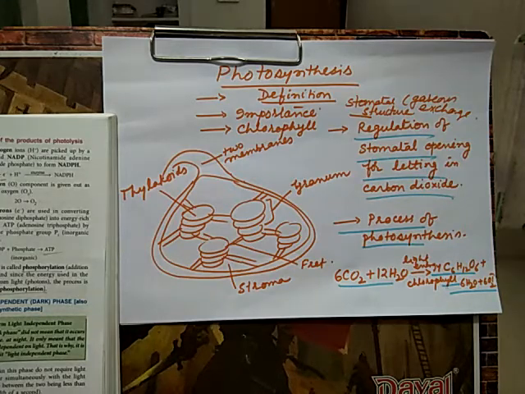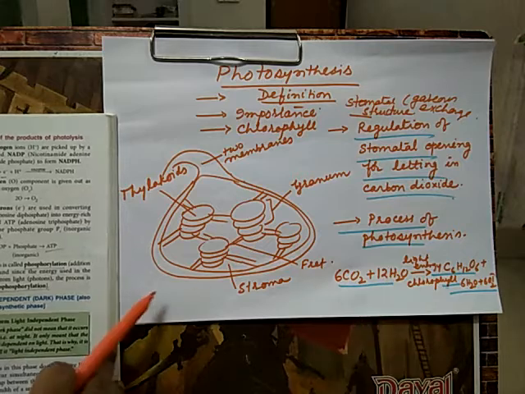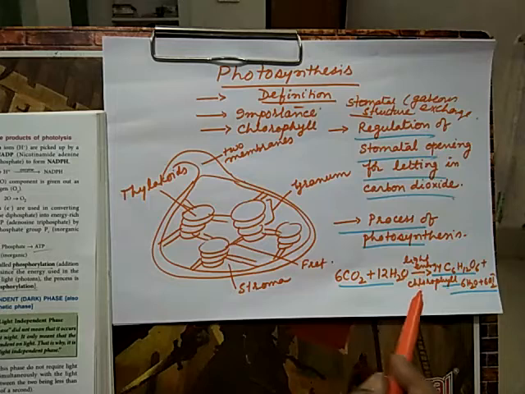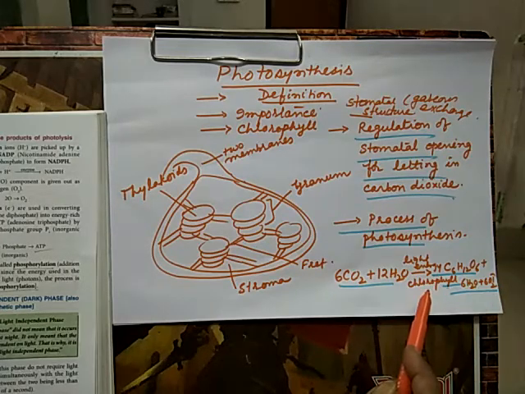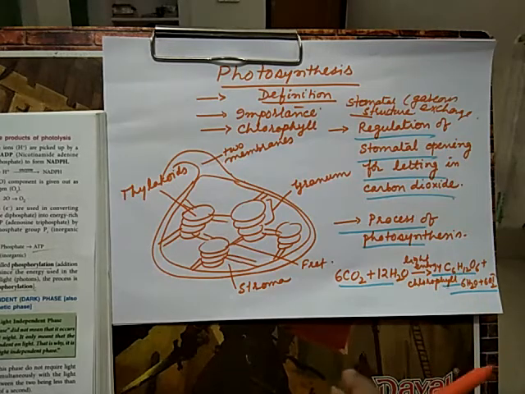And the collective definition of photosynthesis is that it requires carbon dioxide and water, in the presence of light energy and chlorophyll, to produce glucose, water and oxygen.